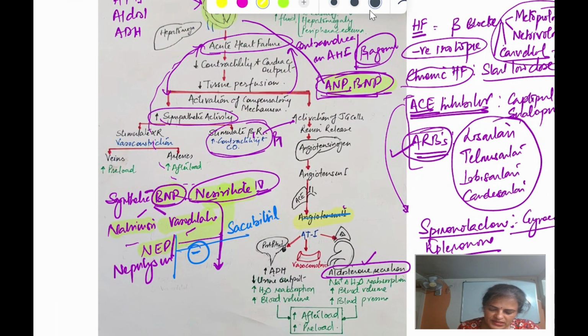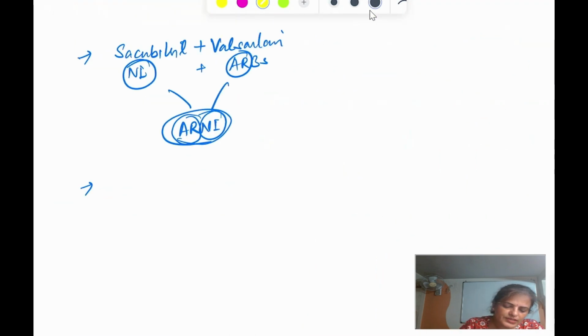It is going to act on angiotensin 1 receptors, and these receptors are also present on the posterior pituitary, where there is a release of ADH, or vasopressin.